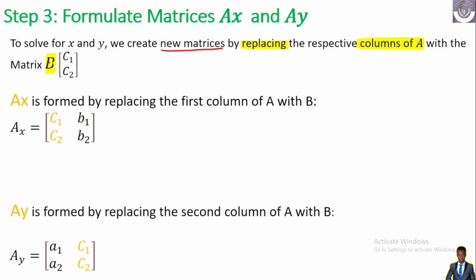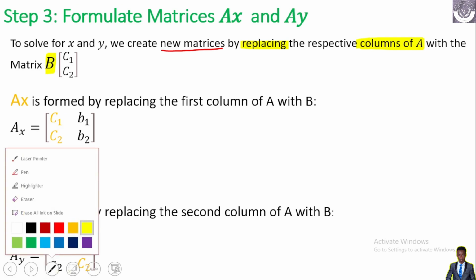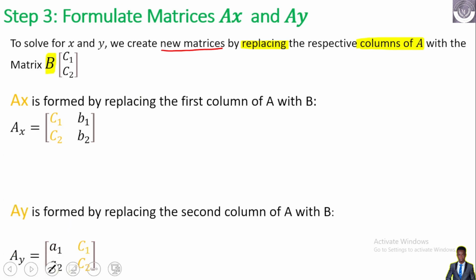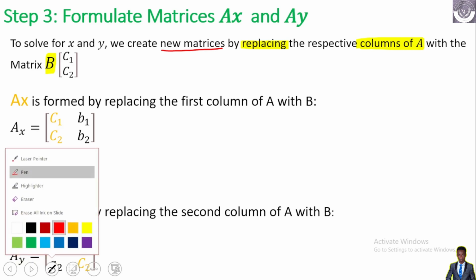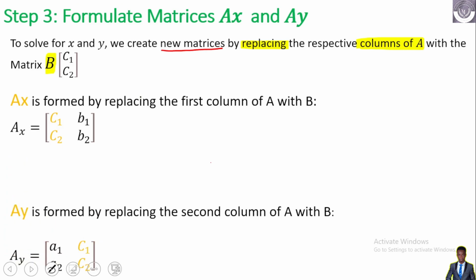So now, let's take again from the real example. Remember, after we have found the determinant, the third step is saying we have to formulate matrices for AX and AY. From the original question, this was the A matrix: 5, minus 3, minus 2, and then 4.